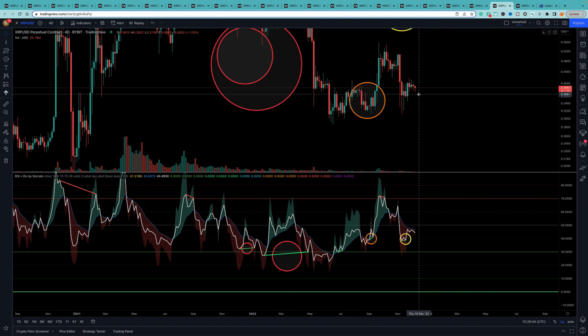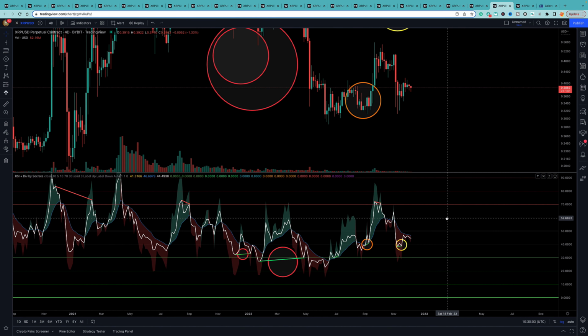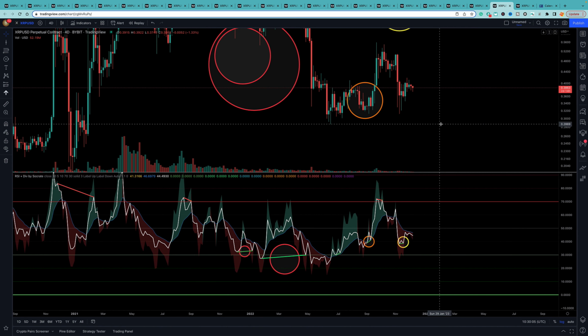Yeah. And I think the daily is already ready to do it. It's just waiting on a couple of the other MAs on the multiple days to have a turn as well. Yeah. And then I think we'll start seeing long red candles. Yeah. Now that's the way it looks like. So the TA is looking exactly like that.